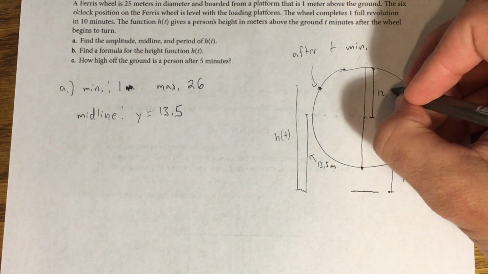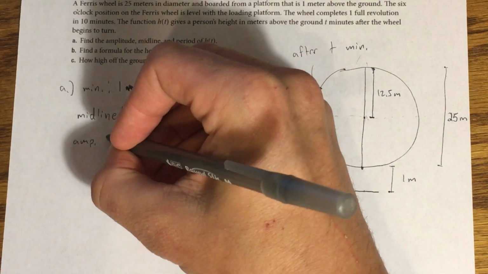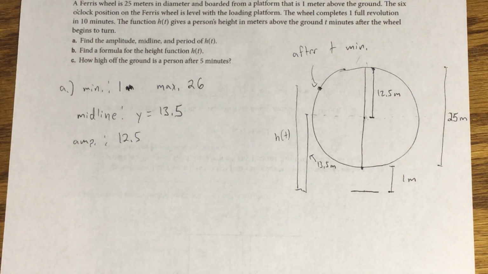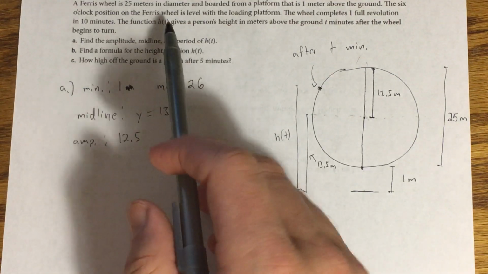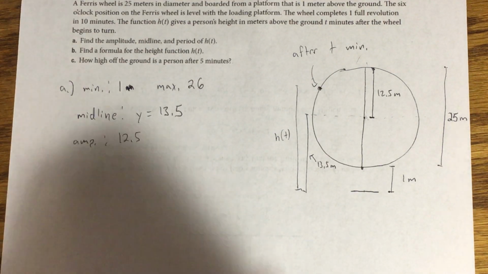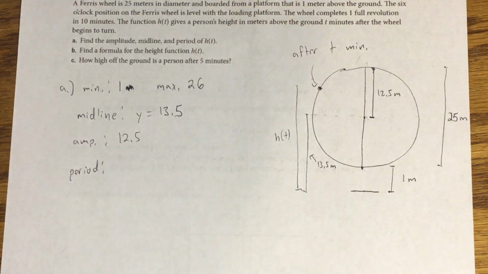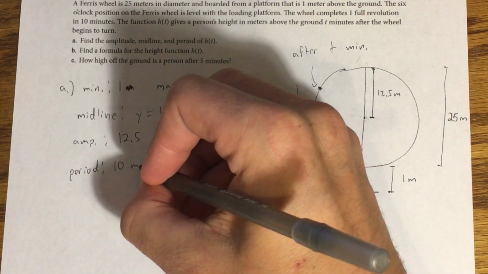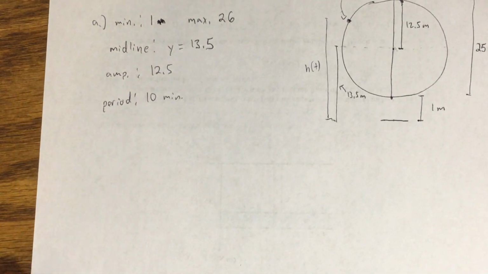Well, it'd be 12.5 meters. So that's my amplitude, 12.5. We were also asked to find the period. The period is the amount of time it takes to complete 1 full cycle, because again, the input is time. So we're thinking in terms of time here. And we're told the period in the problem. It says that it takes 10 minutes to complete 1 full cycle. So that's 10 minutes. Not too bad.